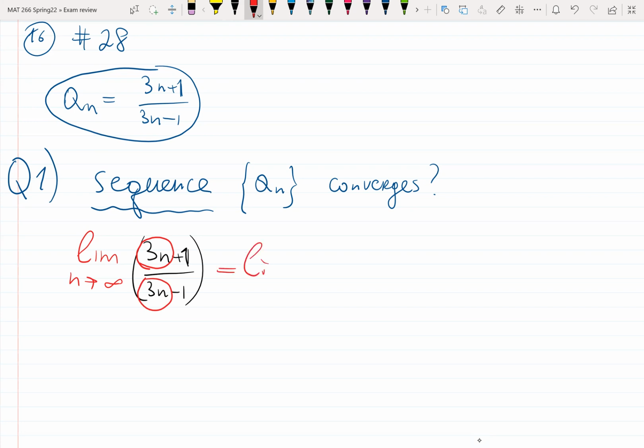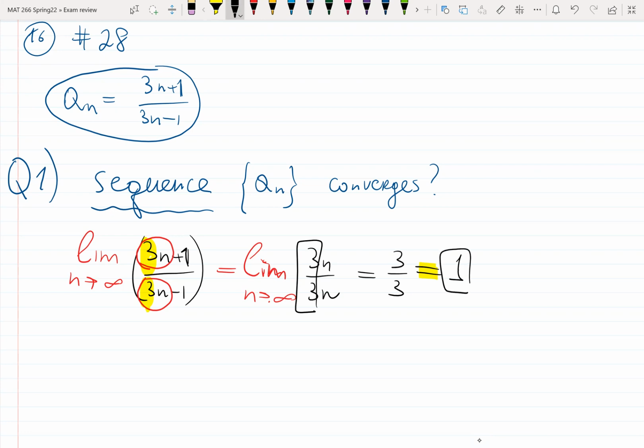So it's actually the limit as n goes to infinity of 3n over 3n. If the variable, which is n in this case, has the same powers, then the answer will be the ratio of the leading coefficients, 3 over 3. And usually my students in calculus 1 just circle it like this. 3 over 3 is the answer, which is 1. That is the convergence of a sequence.